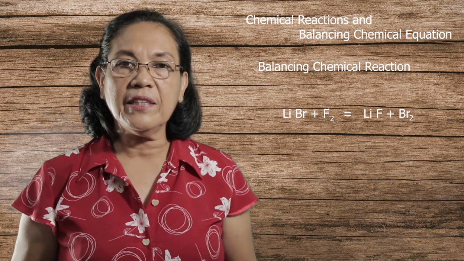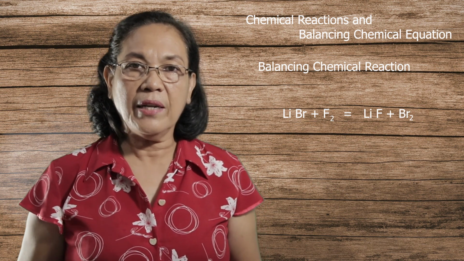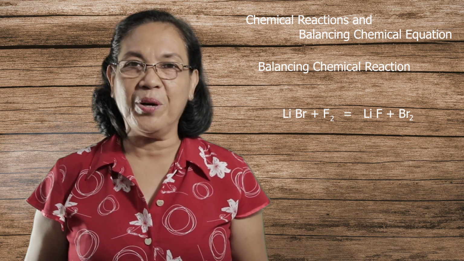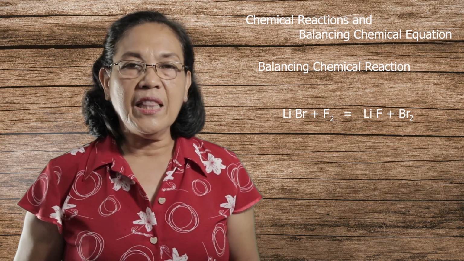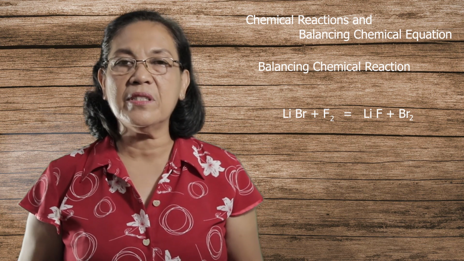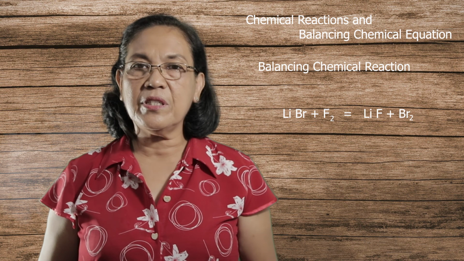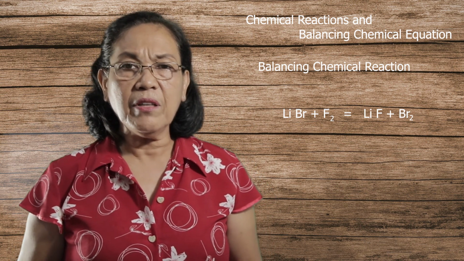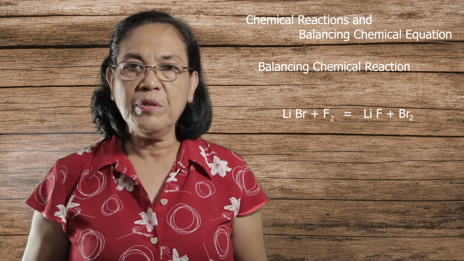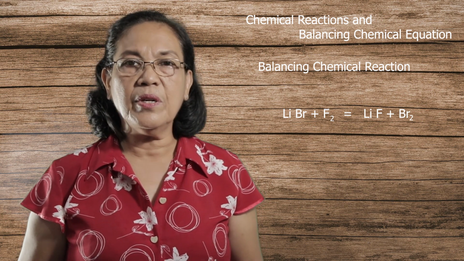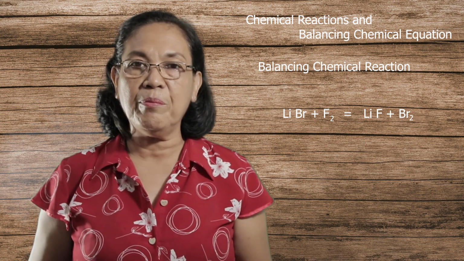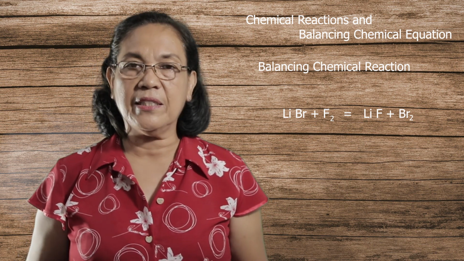But in the product, there are 2 atoms of bromine. Now, the bromine here is not balanced because there are 2 atoms of bromine in the product, but only 1 atom of bromine in the reactant. So you have to place a number 2 before the LiBr, or before the lithium bromide in the reactant.